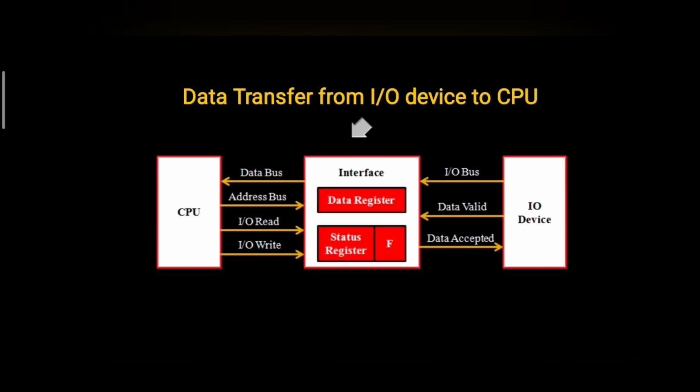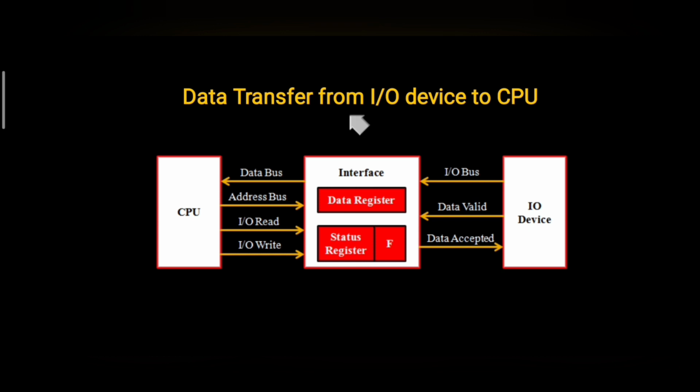So let's see how this entire data transfer takes place between the I/O device and CPU. Well, here the CPU executes a program, and on encountering an instruction which is related to an I/O operation, it executes the instruction by issuing an I/O command.